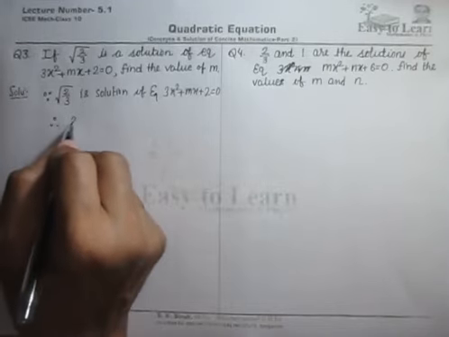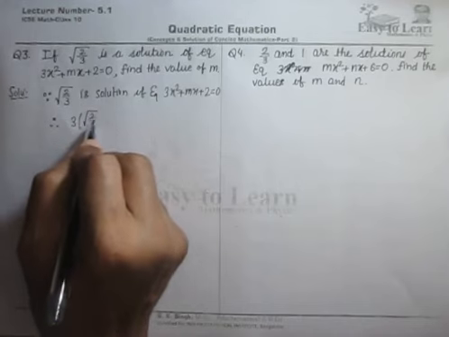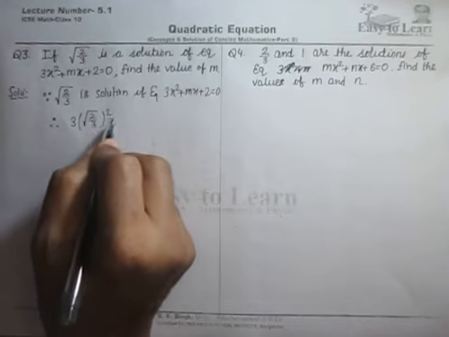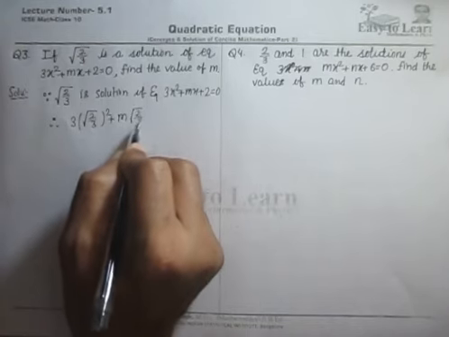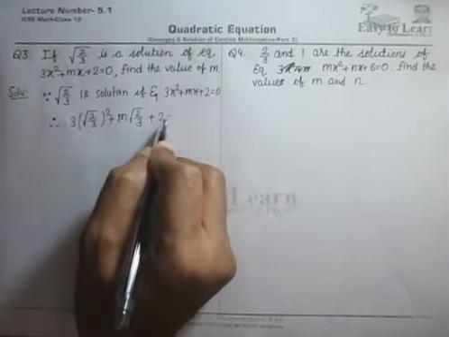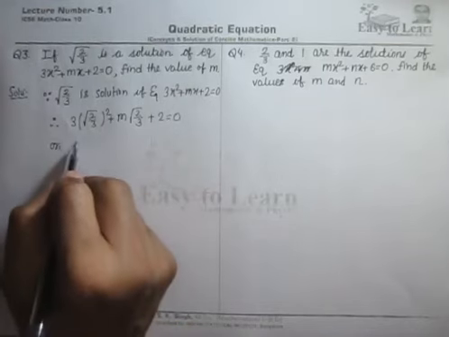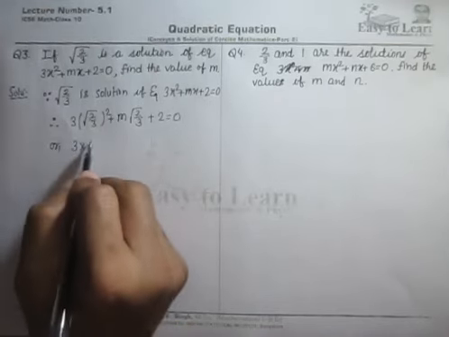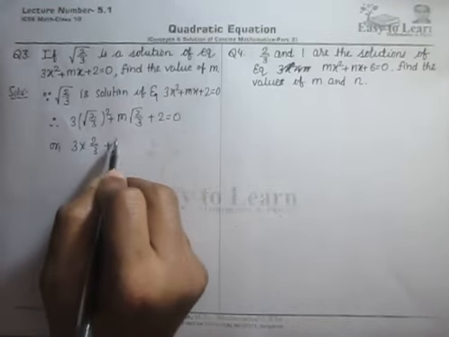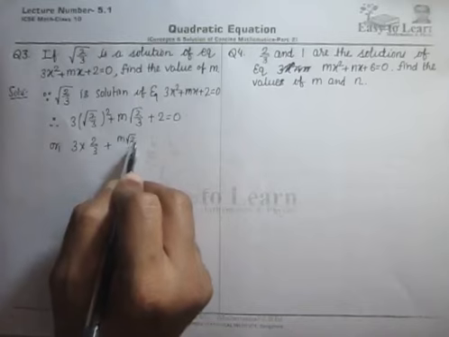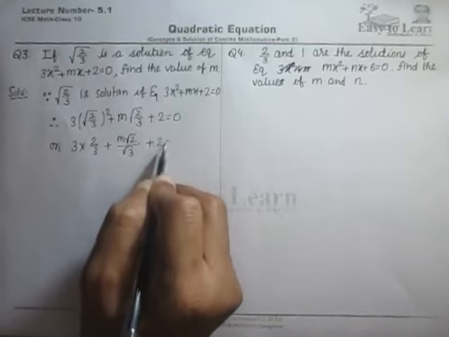Therefore, substitute this value in place of x: 3(√(2/3))² + m·√(2/3) + 2 = 0. Now it will be 3 into 2/3, after squaring the root will be cancelled, plus m√2/√3 + 2 = 0.